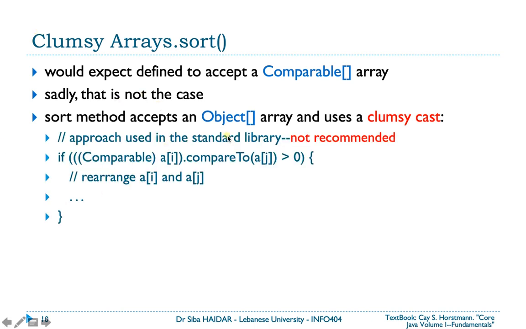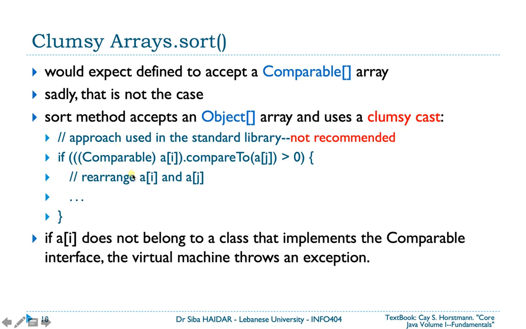The code that is written inside the sort method is of the form if cast to Comparable a of i dot compareTo a of j, because a of i and a of j are elements of type Object and we are not sure if they are comparable or not. So if a of i does not belong to a class that implements Comparable, you will have the exception, ClassCastException, and this is of course not advised.